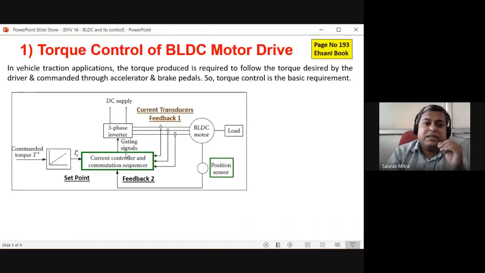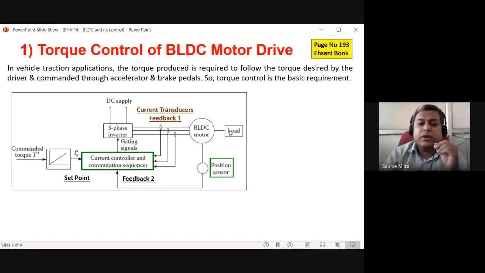Okay, so likewise this DSP controller decides all these things, gives the gating signal, and the power required by this driver is accordingly supplied to the BLDC motor stator, and this BLDC motor is actually driving the load.